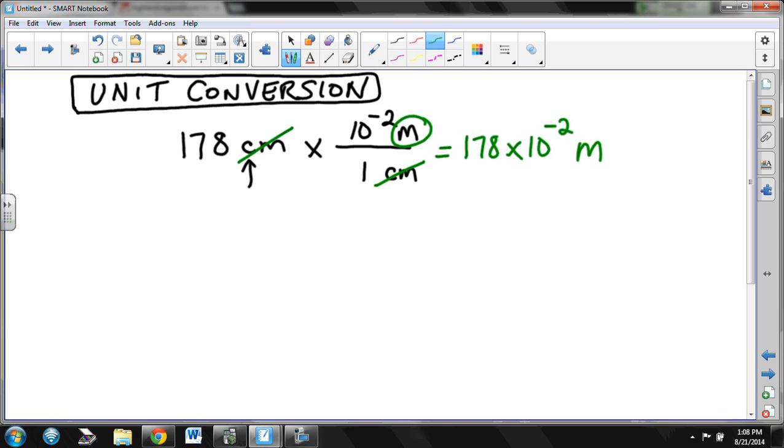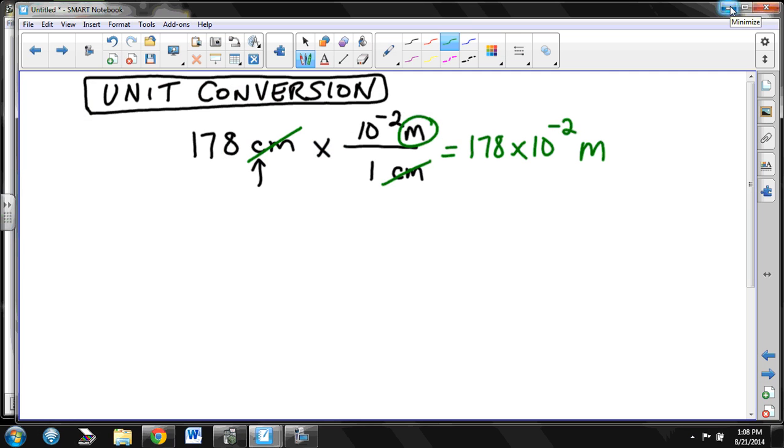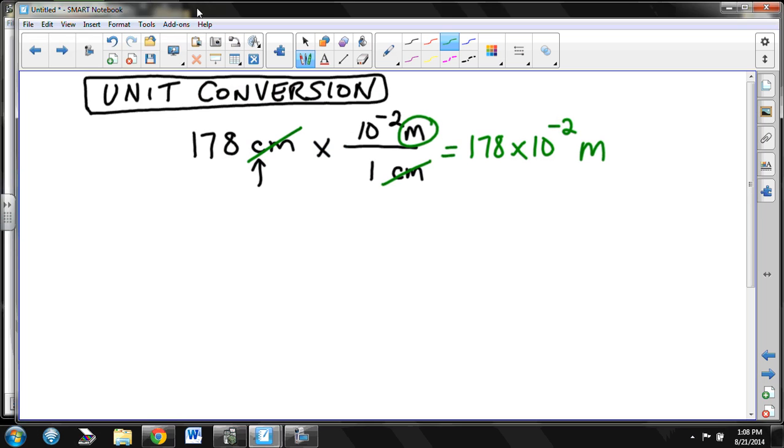At this point, I'm going to go to our friendly calculator. Where did my calculator go? To try to help us find the specific answer.